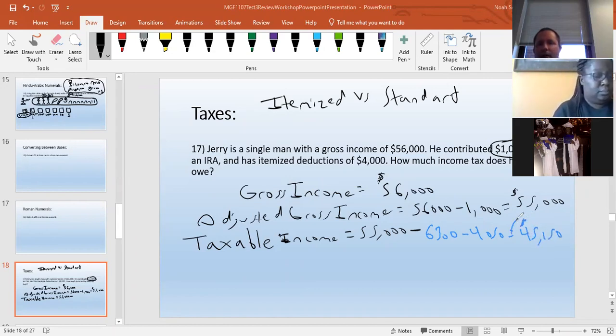This was his taxable income, and then we just used the tax table to calculate his income tax owed. All right, anybody have any questions? Sometimes they give you the taxable income and you go from the taxable income to the end, but this one we had to go from the gross income all the way through the whole tax problem.